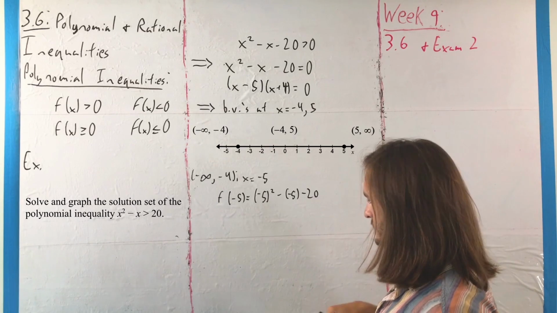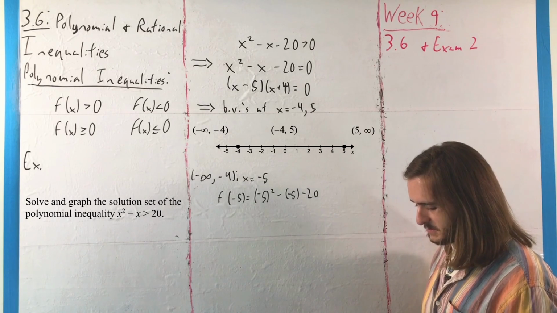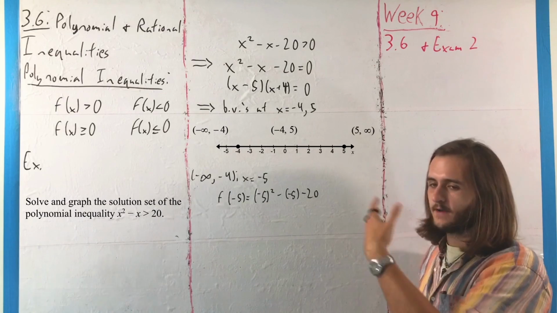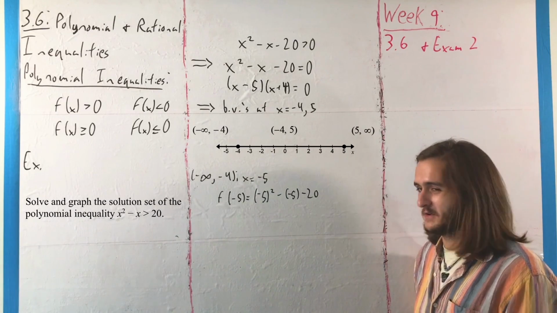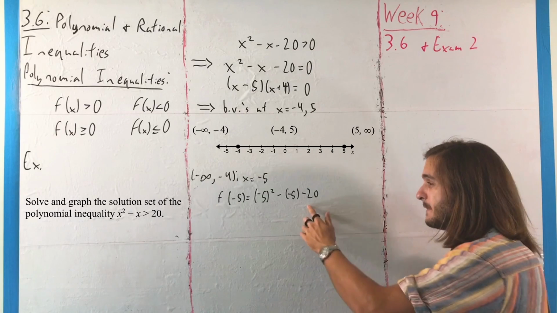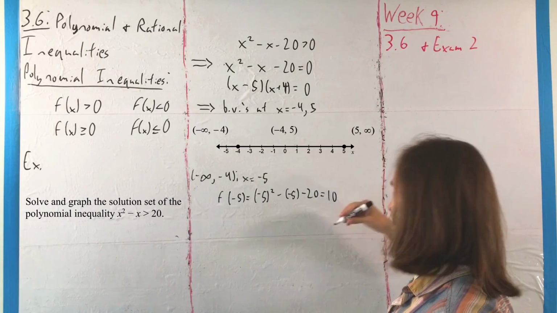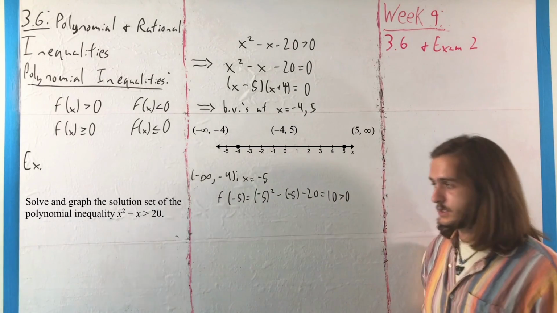And here, you don't subtract 5, you end up adding a 5, because you have minus a minus 5, you would get 25 plus 5, which is 30, minus 20 equals 10. It's weird that it gave me trouble, but that's what you'd end up with, where importantly, that is bigger than 0.